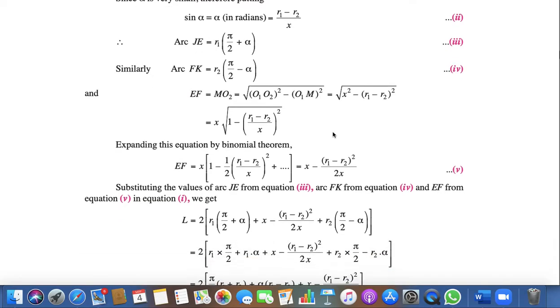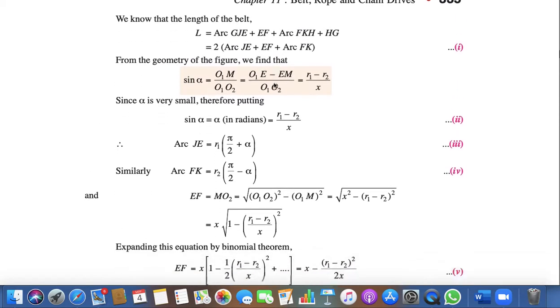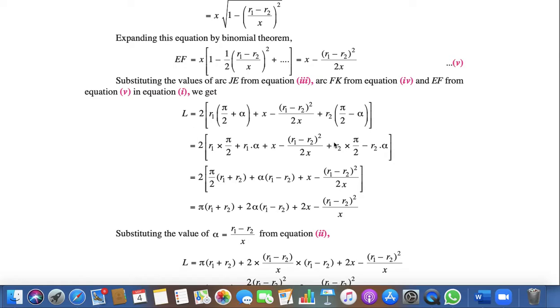Now you have to apply the binomial theorem to get the approximate value. Now, if you keep all those three values in this expression of L, then with the help of some iterations you will be ready with this equation: L is equal to pi by 2 (R1 plus R2) plus 2 alpha into (R1 minus R2) plus 2x minus (R1 minus R2) whole square divided by x.